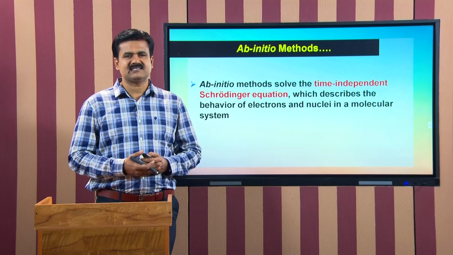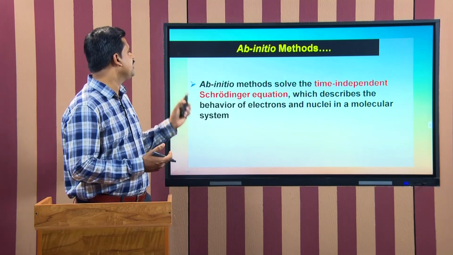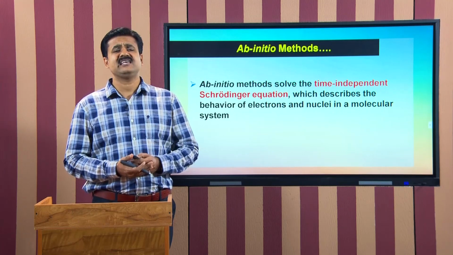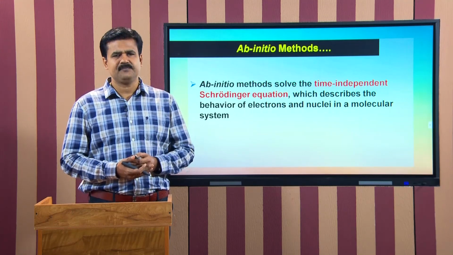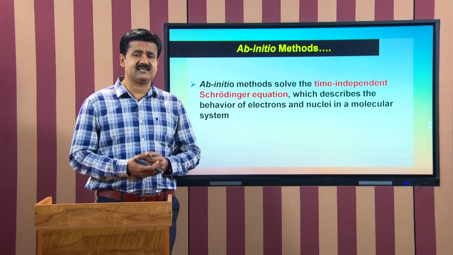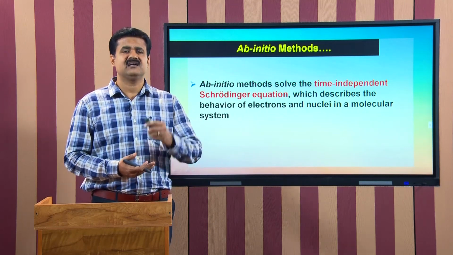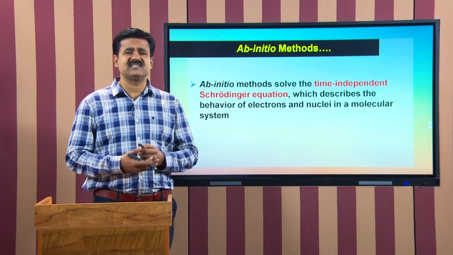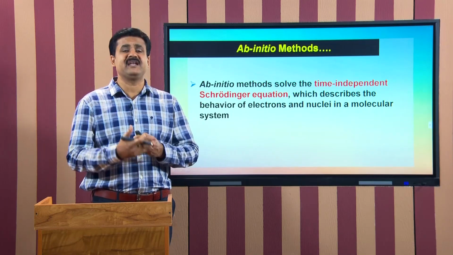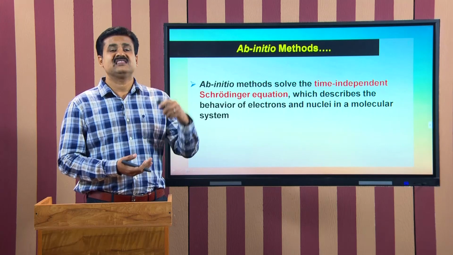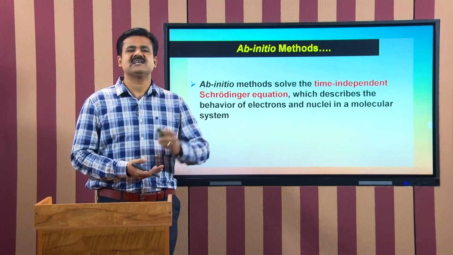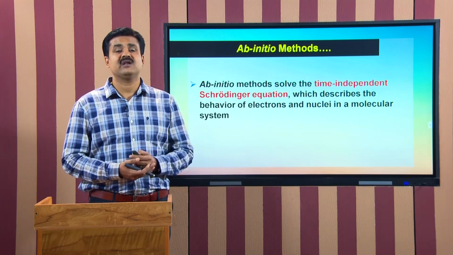Ab initio methods solve the time independent Schrödinger wave equation, that is Hamiltonian psi is equal to energy into psi, where H hat is a well-known operator called the Hamiltonian operator or total energy operator. That equation describes the behavior of electrons and nuclei in a molecular system.